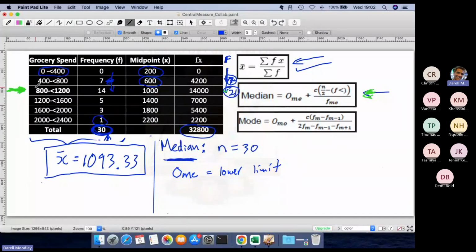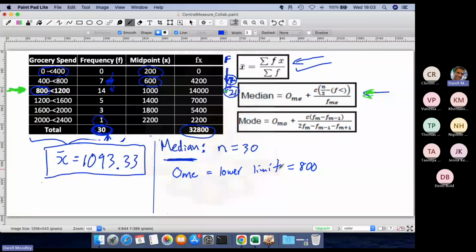If you look at just this median interval, the lower limit is 800. So that's what L is, it's 800 in this example. If you got the wrong interval, then this value would go wrong, and everything else is going to be incorrect.